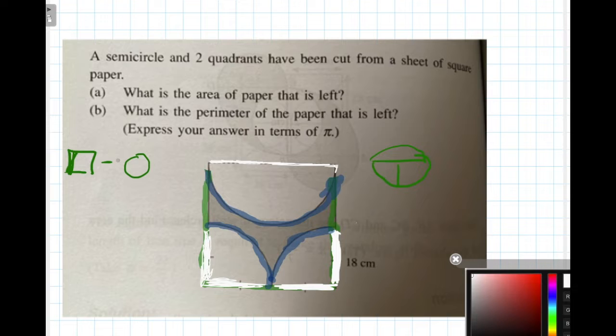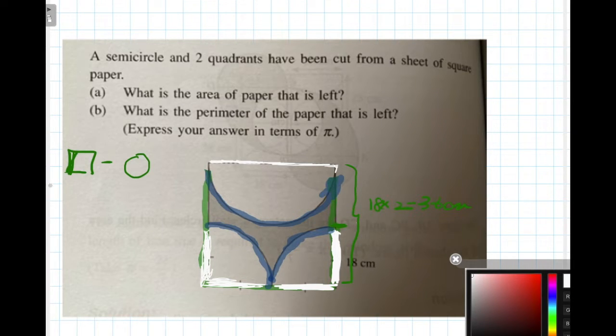What is the area of the box? This halfway point here is 18 already. So this whole length here will be 18 times 2, which equals 36.